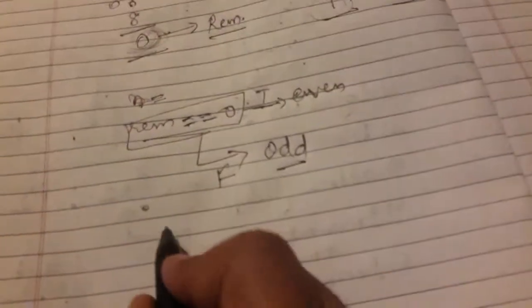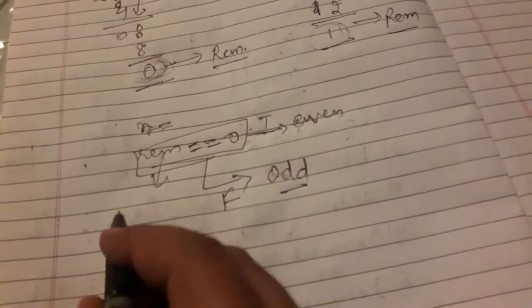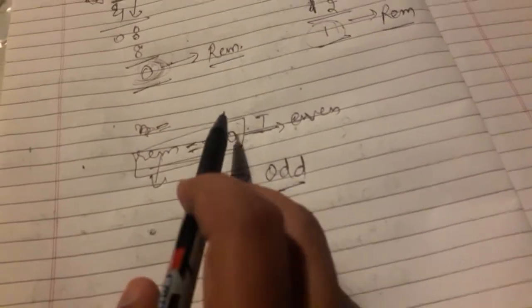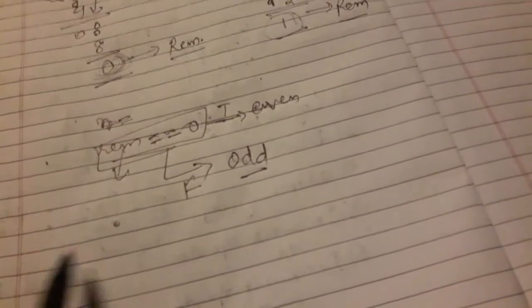Clear? So now how do we calculate the remainder? I told you about the modulus operator, and the modulus operator always works on integers. In C and C++, the modulus operator always works on integers. Just remember this, right? So now I'm creating a program here in C.